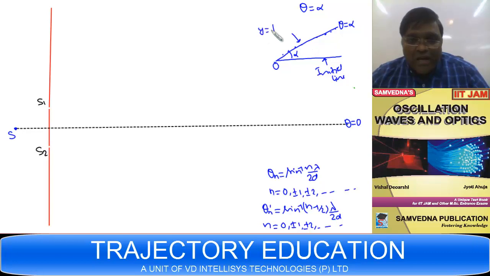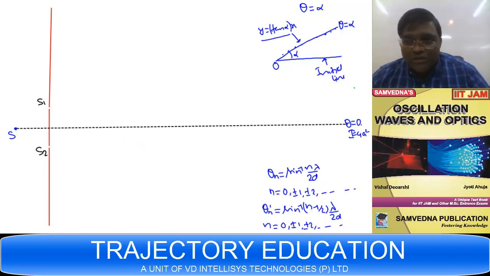In Cartesian, the same line will be written as y equal to tan alpha x. In plane polar coordinates, the line is represented by theta equal to alpha. So theta equal to alpha is not just one point, it is a set of points which forms a line. So for all these points on this line, your intensity is going to be 4a square, and that's called central maxima.